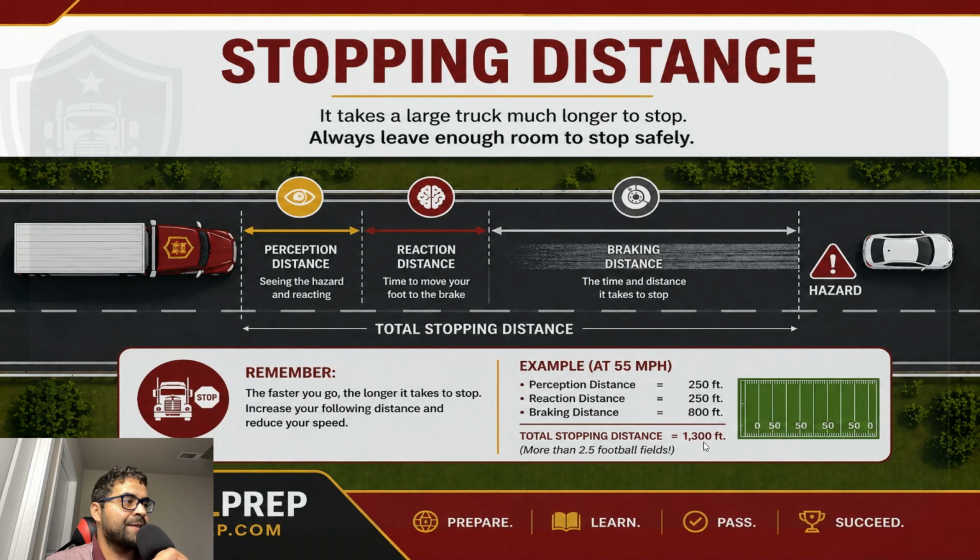That is more than 2.5 football fields long. So think of that for a moment. You know, it takes that long for a semi truck to stop. 2.5 football fields. It's going to take one of our semi trucks that's 73 to 75 feet long, going at 55 miles an hour to be able to stop completely.